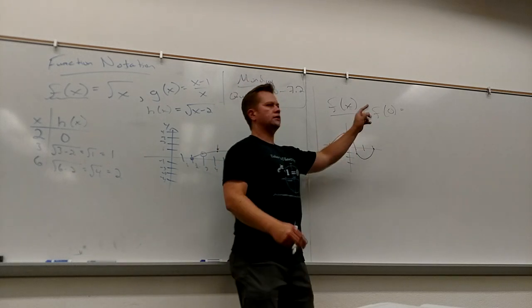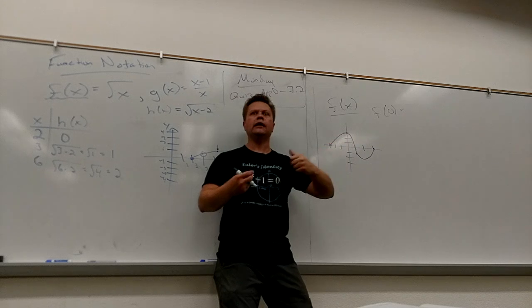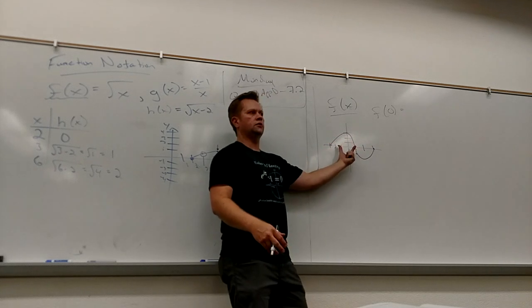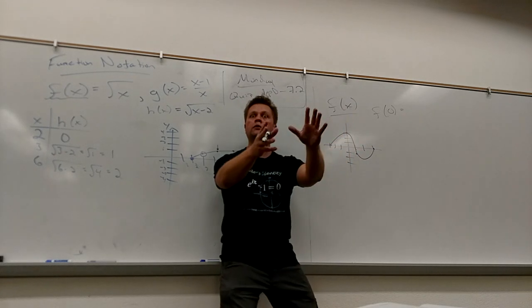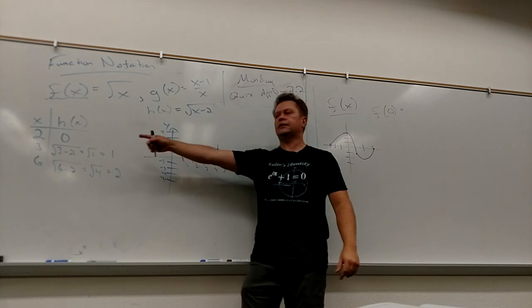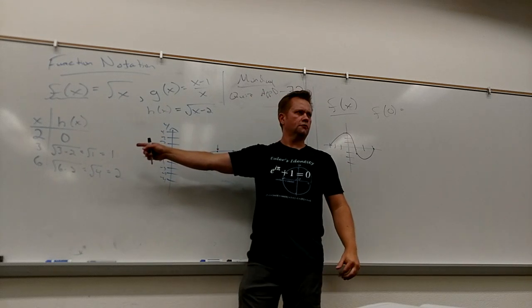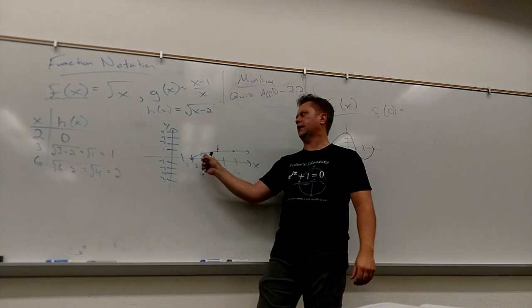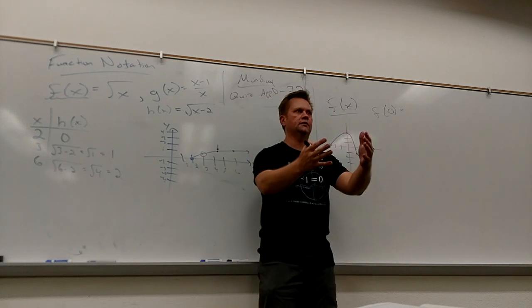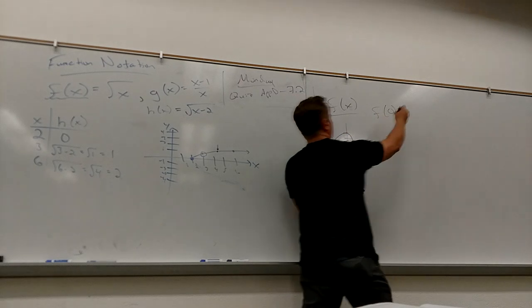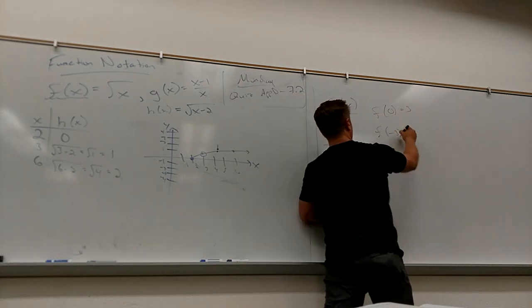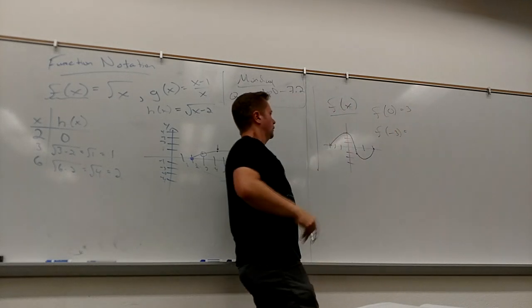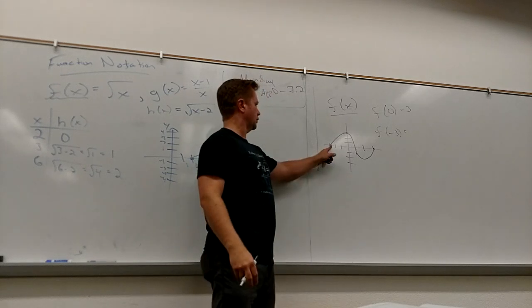People look at that and say, that's not fair, you didn't tell me what f was. I'm like, I gave you something better. I gave you the answers. You just got to see where the point went. Why did we put a point there? Because that was the answer. When I put a 0 in, I get a 3 out, because that's where the point is. What is f of negative 3? 0.